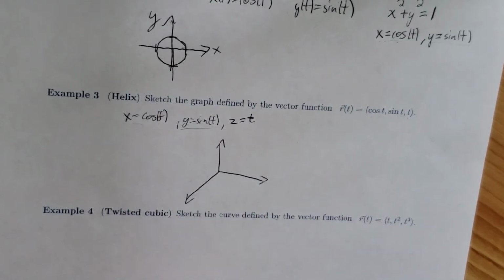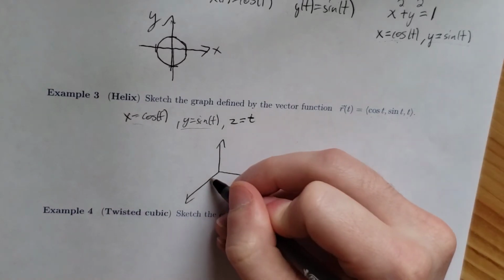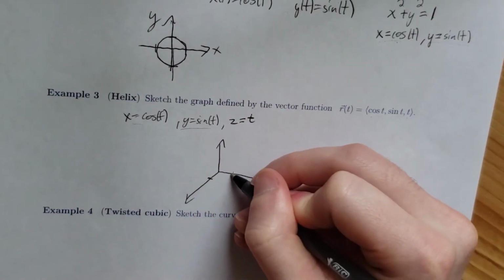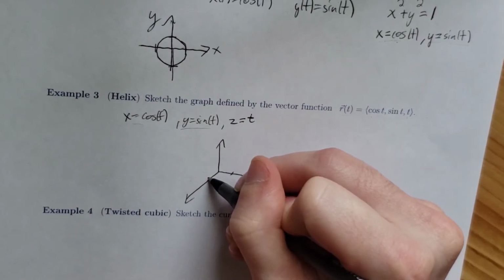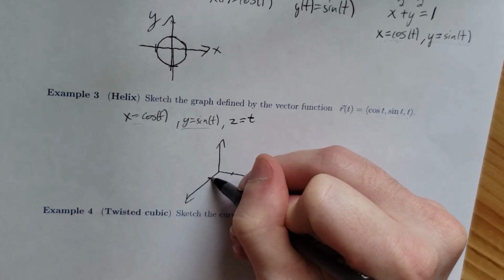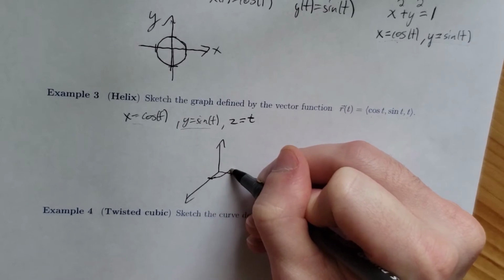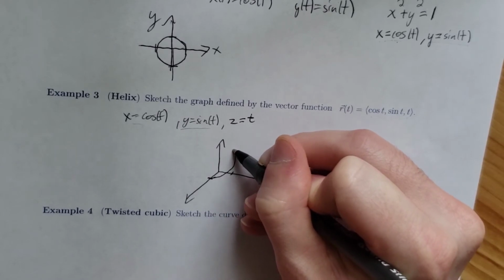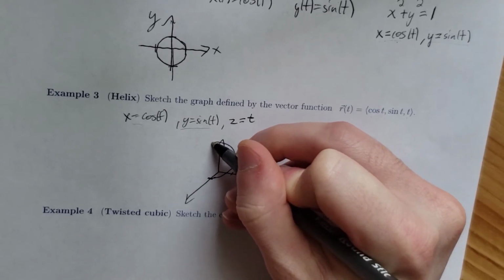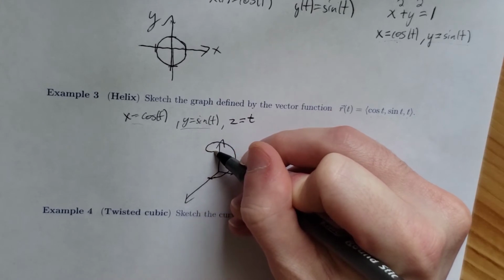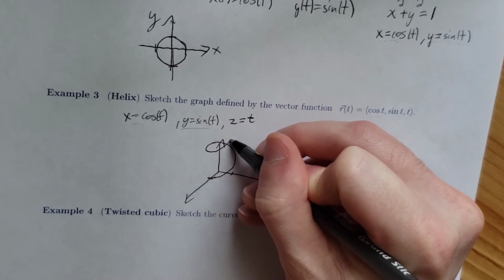The difference now is that the z value increases as t increases. So what this actually gives us is a helix.